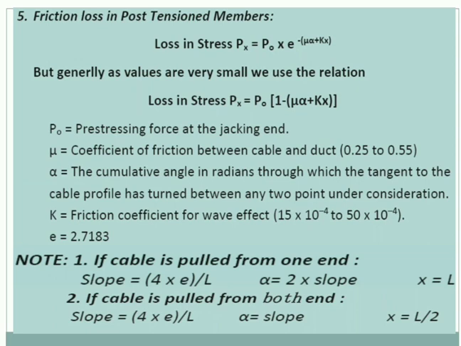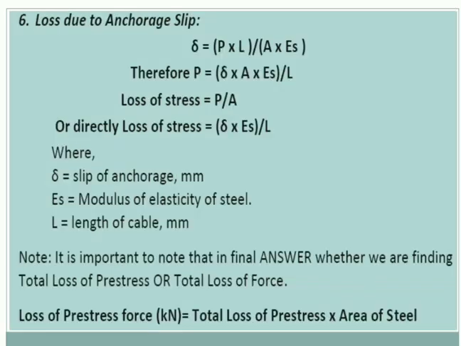You have to practice these formulas a bit, especially when accounting for frictional losses, because the cable profile also becomes very important. If the cable is pulled from one end, the slope will be 4e/L and alpha will be 2 times the slope, whereas if the cable is pulled from both ends, the slope will be 4e/L and alpha will be equal to the slope directly. So go through the formula very carefully, and once we discuss the example, the application of this formula will be easier.